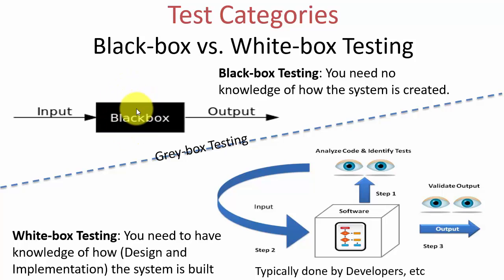So typically testers test the system in this way, while with white box testing, you need to have detailed knowledge of how the system is built. So typically this is done by developers or more advanced testers, system architects, etc.